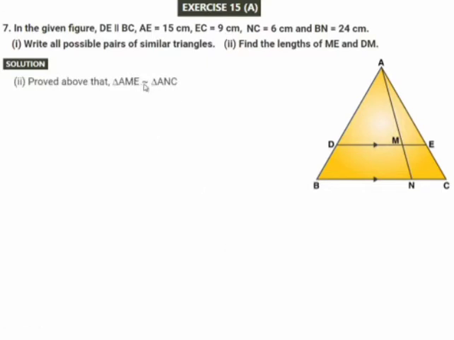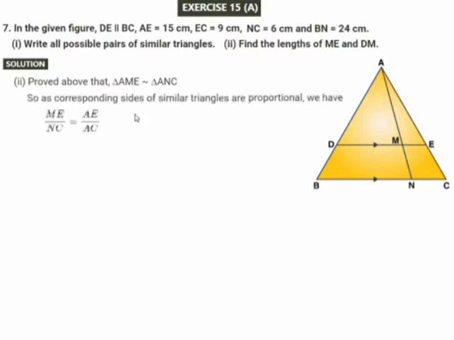Now triangle AME and triangle ANC, these two triangles are similar. Using the conditions for similarity, we see that the corresponding sides are proportional, right? So can I say that ME by NC is equal to AE by AC?